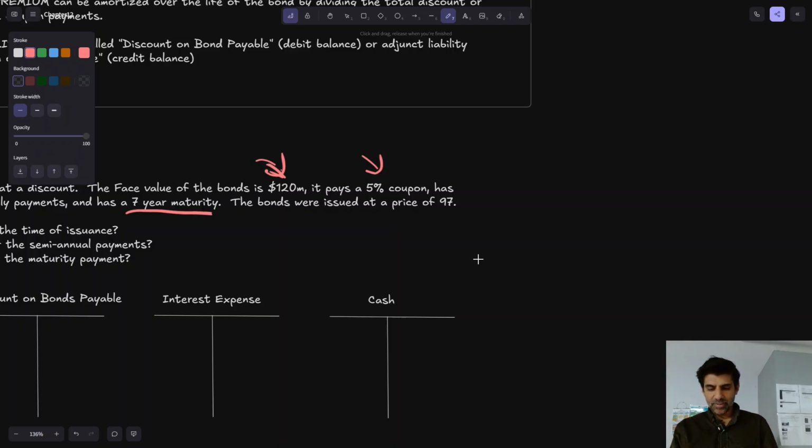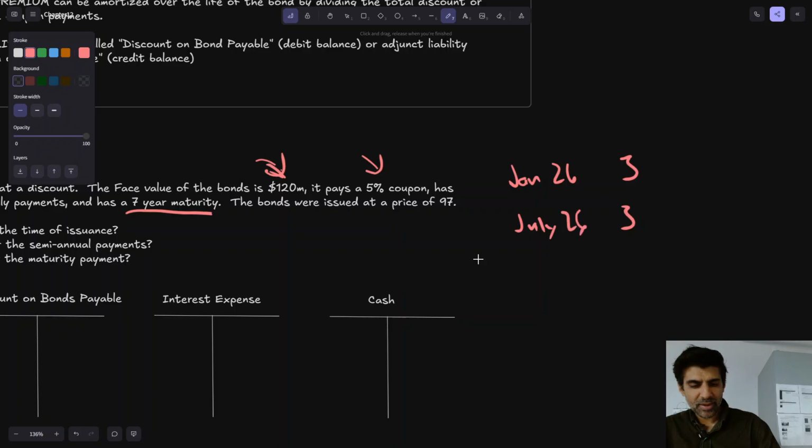5% times 120 million is 6 million, and it's semi-annual. So let's say we have payments every January and July. So Jan 26, we'll have 3 million, 3 million on July 26, and then on Jan 27 and July 27, 3 million, 3 million.